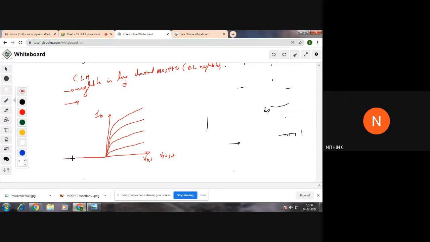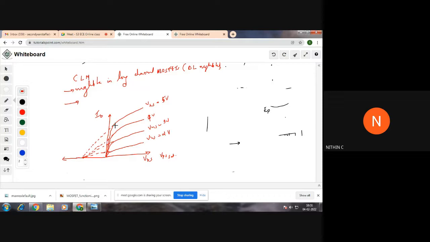And similar to the base width modulation, we will be extrapolating this to a point. Okay, this will be the graph for channel length modulation.